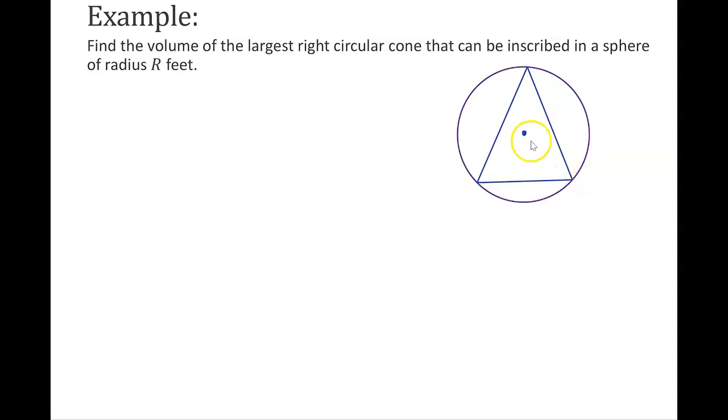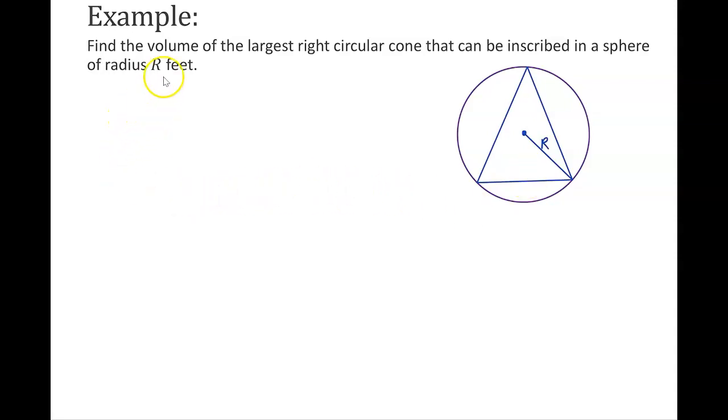A lot of times when we draw the radius on a random circle, we go directly to the right, but because I want to relate the triangle to the circle, I'm going to go from the center to one of the vertices of my triangle. So now I'm starting to relate the circle and the triangle together through the radius. I'll sketch the radius here and call that capital R.